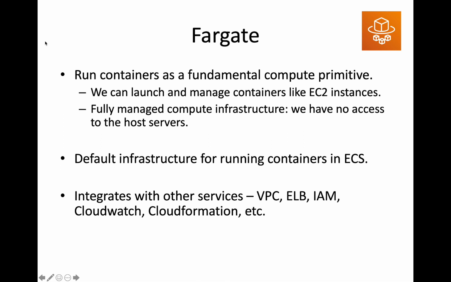One option is to allow ECS to spin up managed EC2 instances. And these instances are running an agent. We can deploy containers on these instances, and they're sort of fully managed by ECS for us. The advantage there is that we can also shell into the EC2 instances.